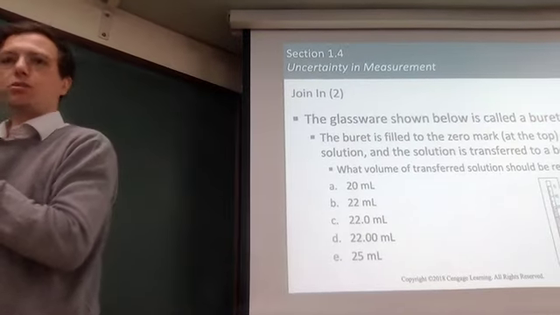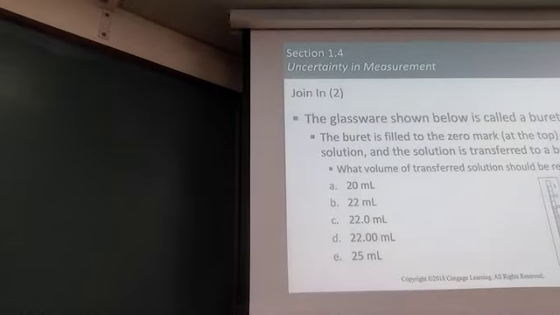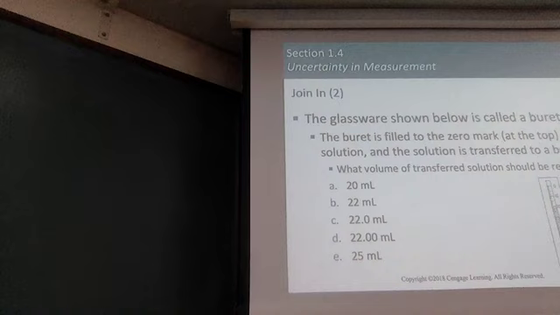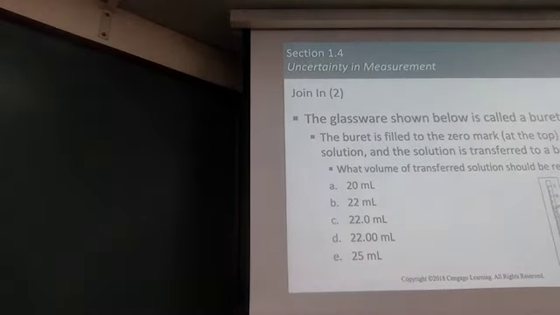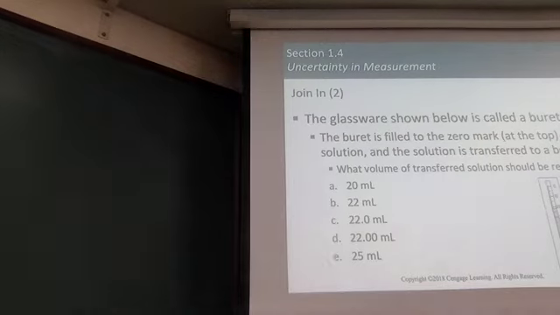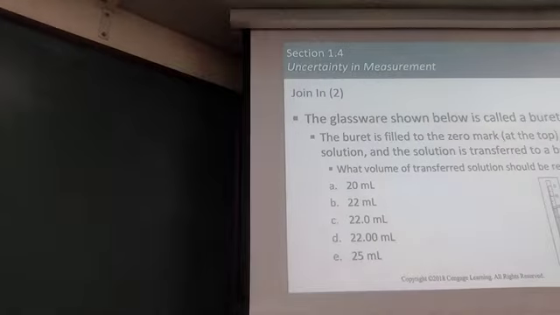Okay, so let's do another join-in. The glassware shown below here is called a buret. The buret is filled to the 0 mark at the top here with the solution. And the solution is then transferred to a beaker.